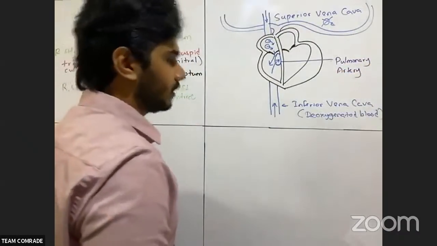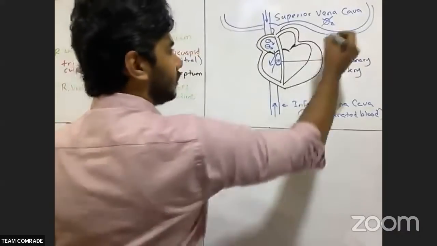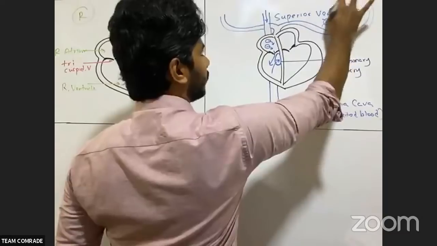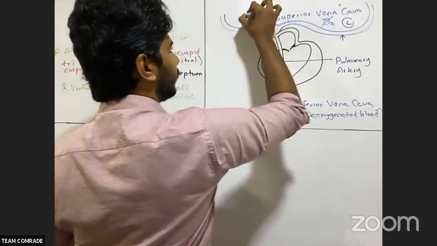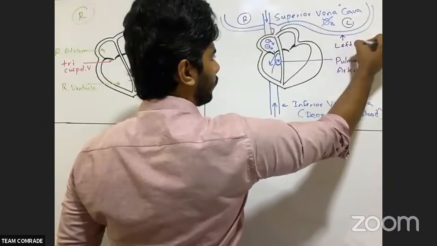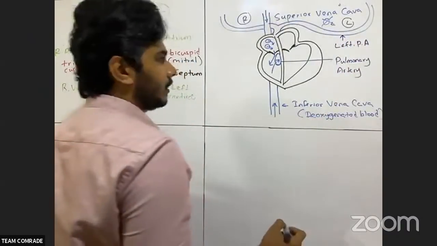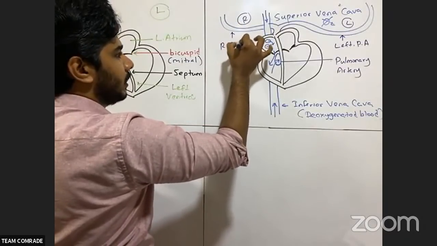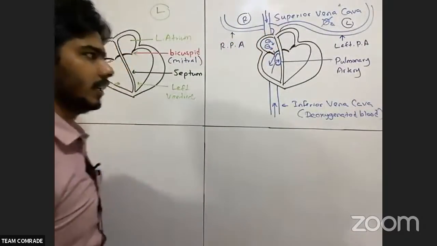This is one side, one circulation. This is the left side, this is the right side. So this we call left pulmonary artery, and this is what we call right pulmonary artery.